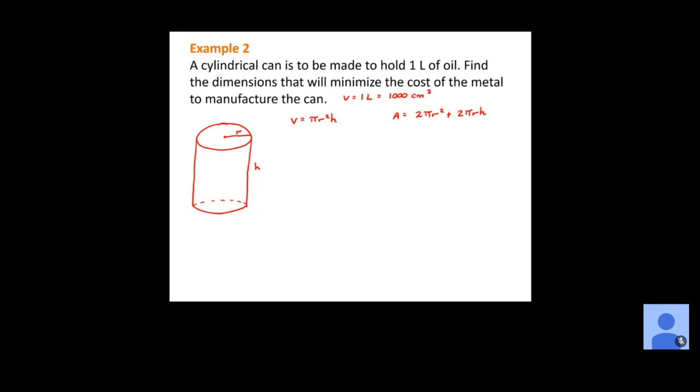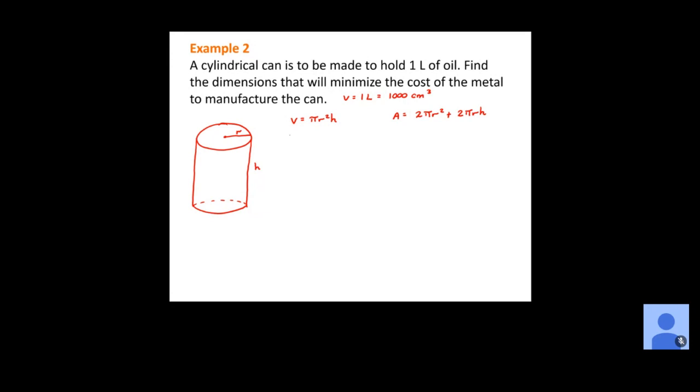So whenever you see a liter, you can think of that as 1,000 centimeters cubed. That way, we actually have something that's in terms of centimeters now, so that when we find our radius and our height, we get centimeters out of that. So we can't just use 1 liter because that's a liquid. We need something that's in terms of a linear unit.